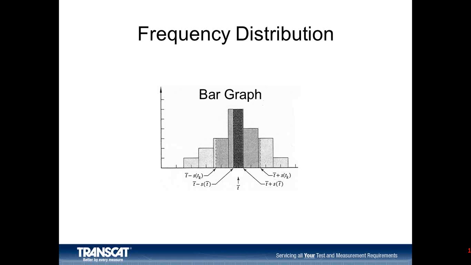If we average those 100 readings and then subtract that average from each of the individual readings, we'll find that those differences tend to fall pretty close to the average, and the further away from the average that we go, the fewer measurements fall in that category.